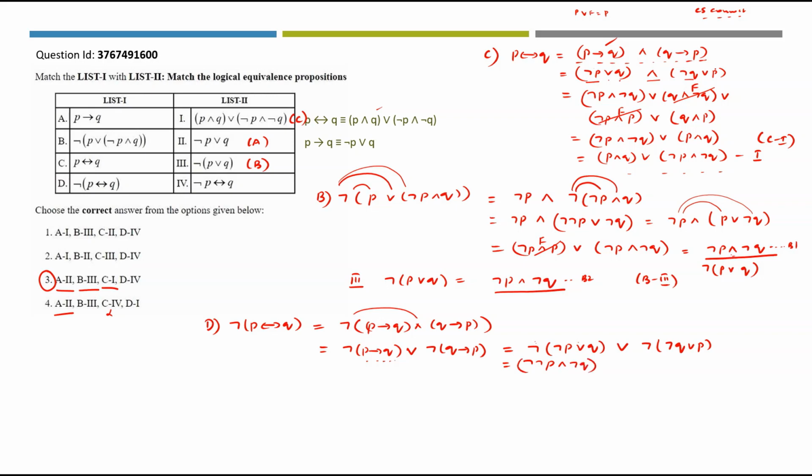This is one expression. Let's have disjunction as it is. Now we will have negation of negation Q and negation of P. What will this give you ultimately?